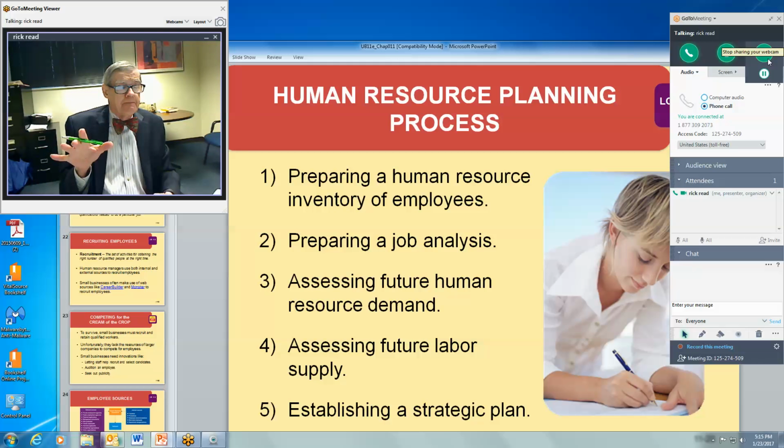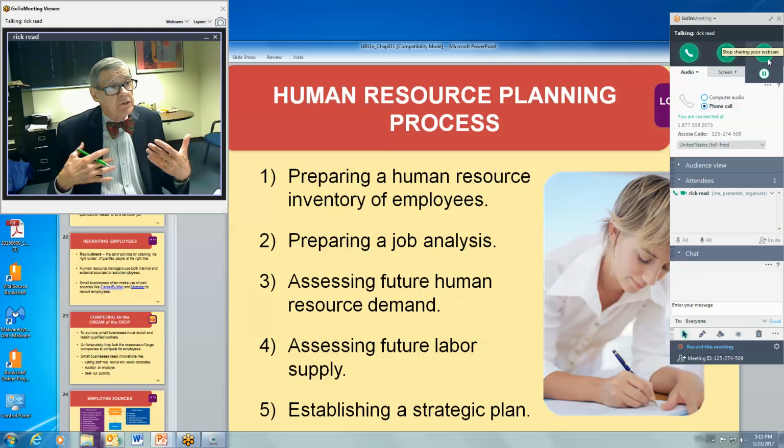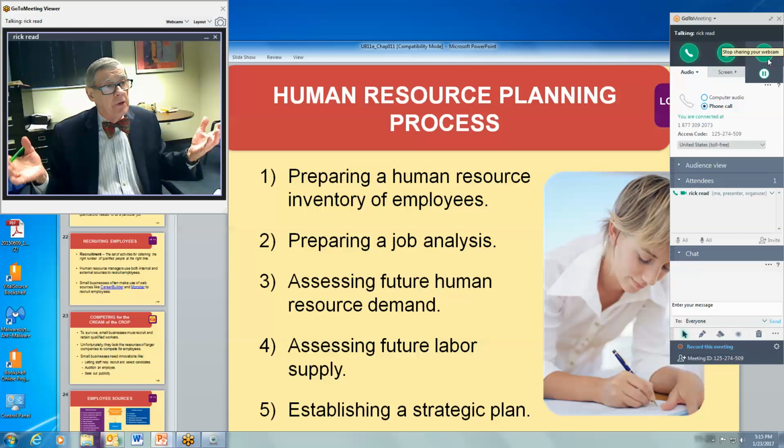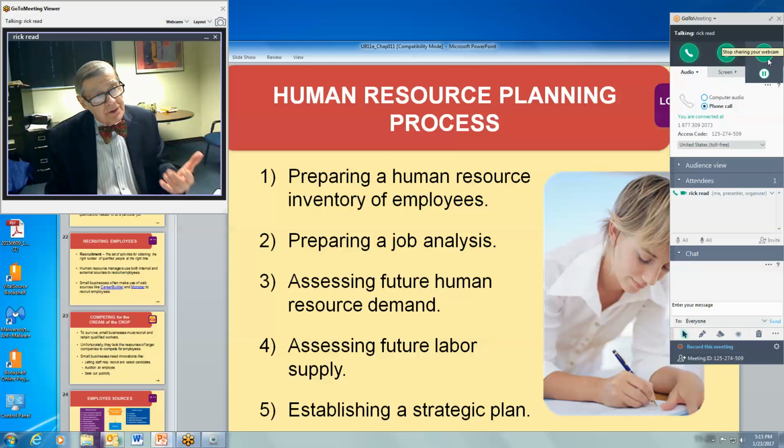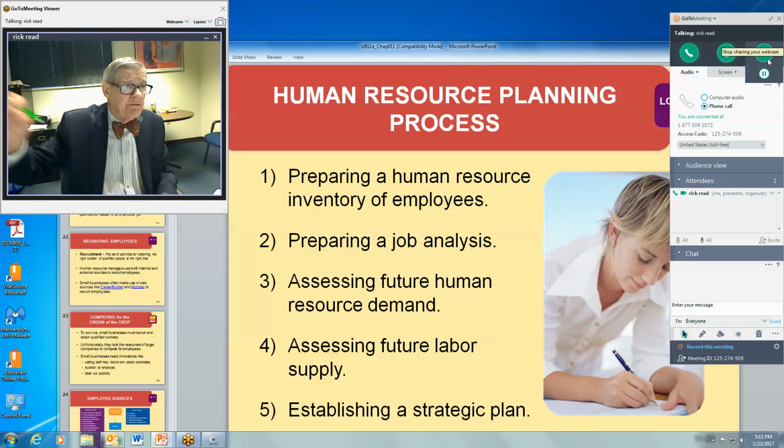HR people used to just keep the personnel records, and that's all they did. In the big companies, they sit at the corporate table today. So they know what's going on because it had to be part of that strategic planning process. So you inventory what you have now, and a projected inventory of what you're going to need.